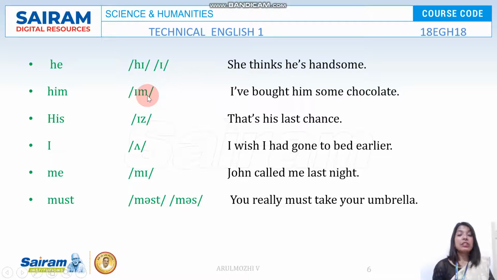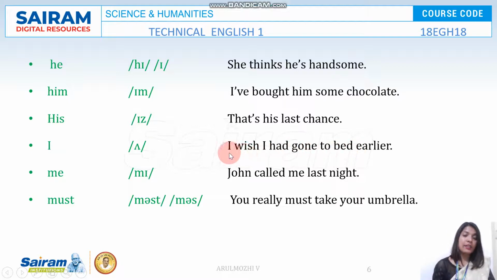I have given it to him, not him. I have given it to him. I have brought him a chocolate. Next one. His becomes is. That is his last chance. That is his last chance. Next one. I becomes a. I wish I had gone to bed earlier.